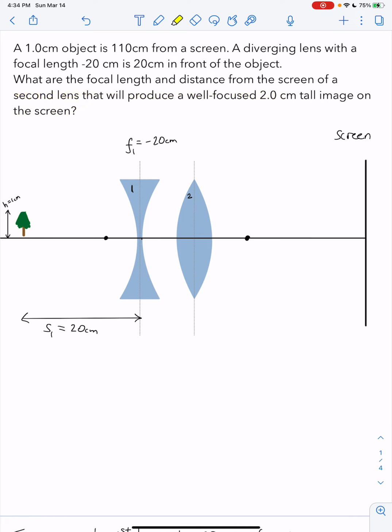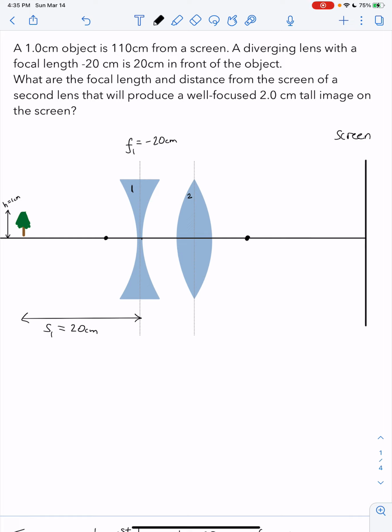So what does that tell us about this second lens? Well, let's imagine we had another diverging lens. What would happen? We definitely would not produce an image on the screen. Thus, we have to have a converging lens. So the second lens is going to be converging or convex because we know we're producing this image on the screen. So I've drawn out that convex lens.